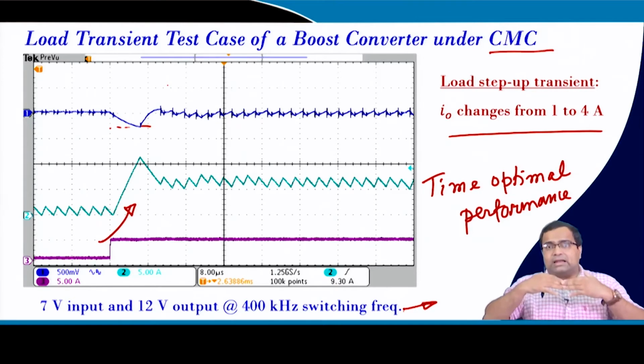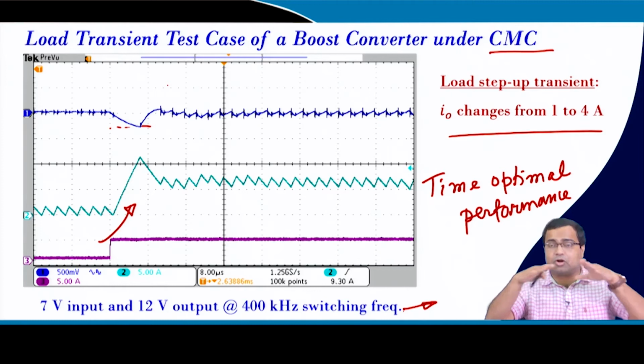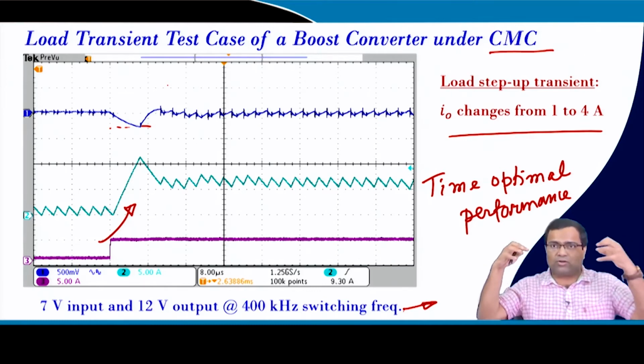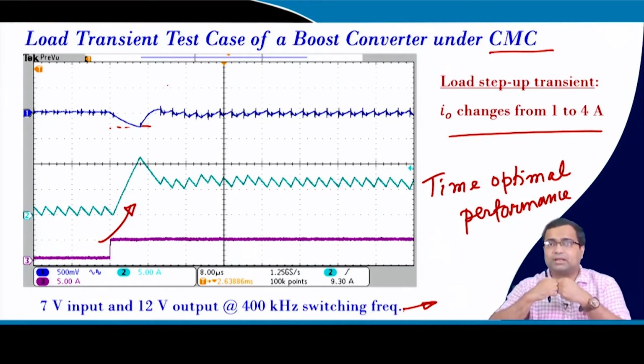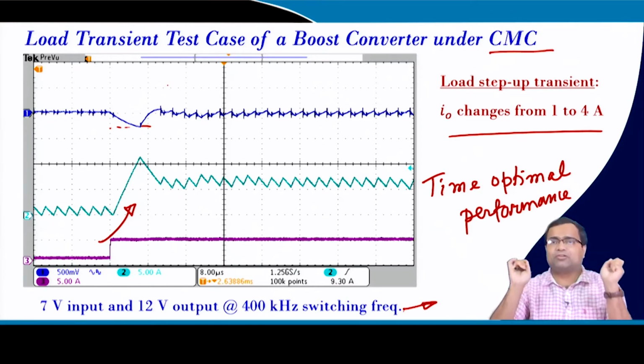But if you go a level up, where you incorporate the nonlinearity into the model, you can extract the performance up to the limit of the converter, because it is a switching converter.